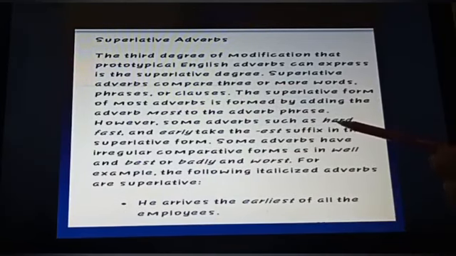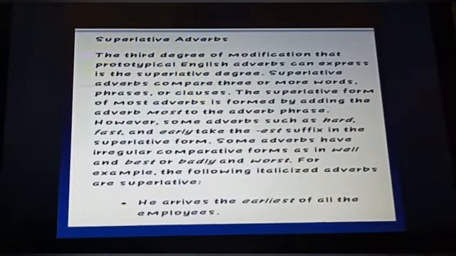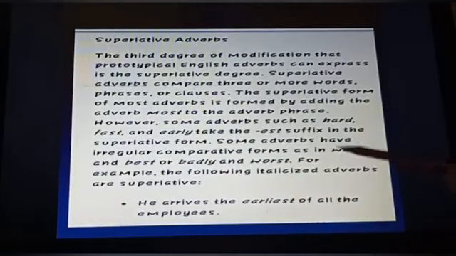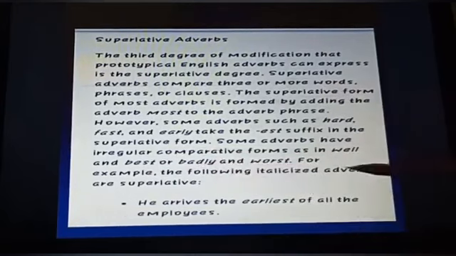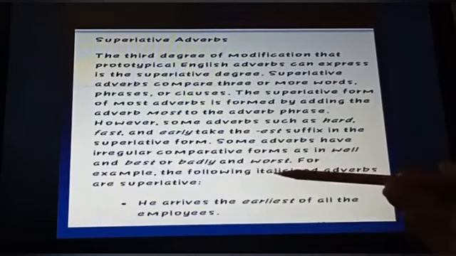Hard, positive degree, superlative will be hardest. Fast, fastest. Early, earliest. Some adverbs have irregular forms, as in well: positive well, better is your comparative, and superlative is best. Badly positive, worse comparative, worst superlative.